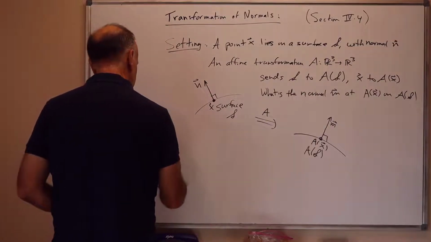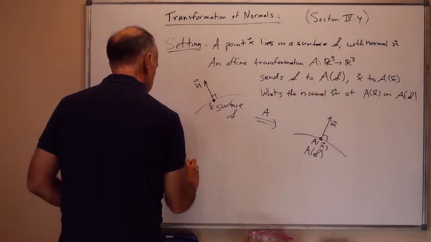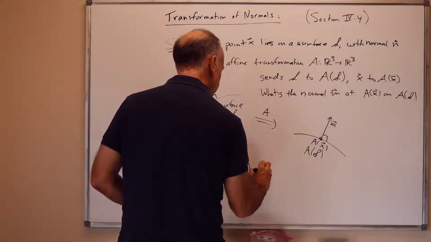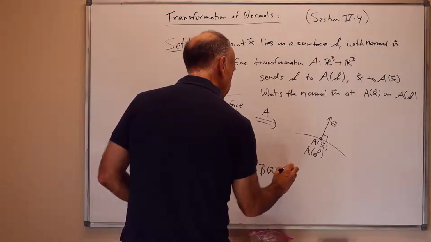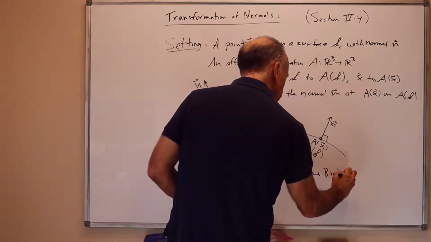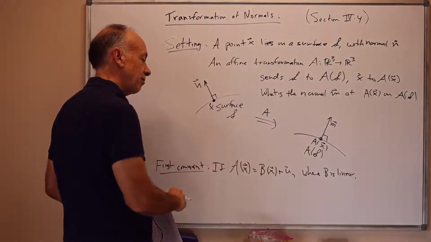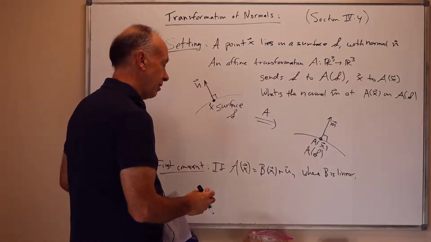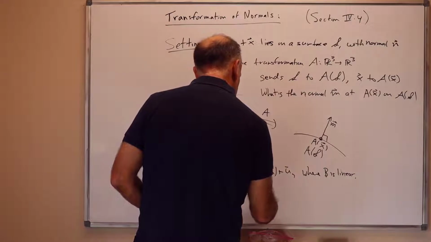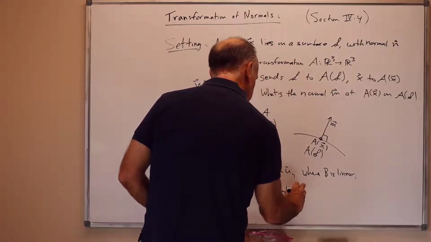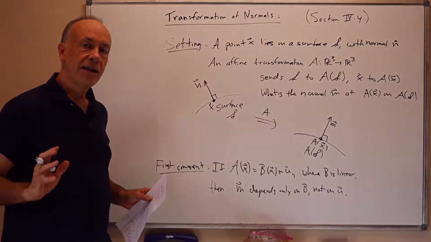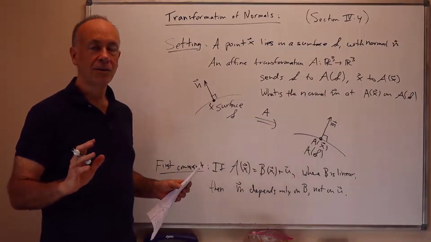So first comment is that if A of X, as an affine transformation, is equal to B of X plus U, where B is linear, so remember, an affine transformation is the linear transformation plus a translation, then M depends only on B, not on U. And this is because if we do a translation, it just shifts everything around without changing their size or shape or orientation.